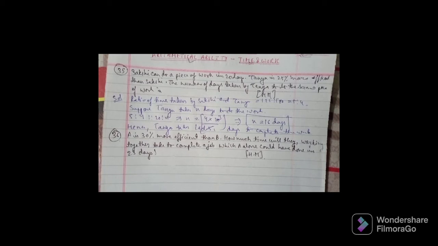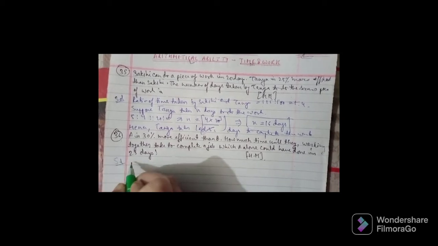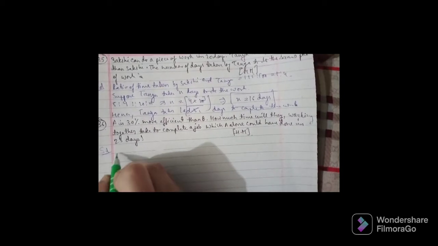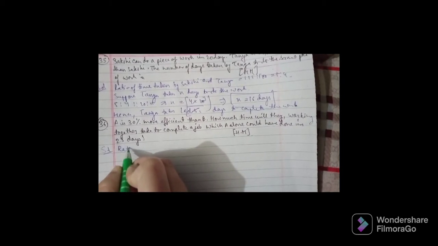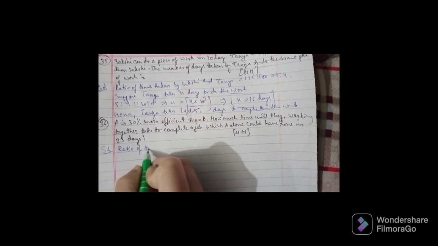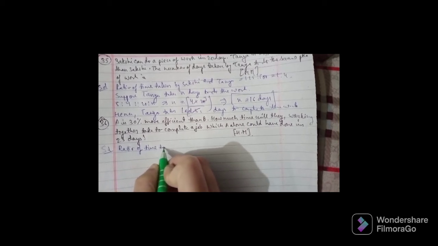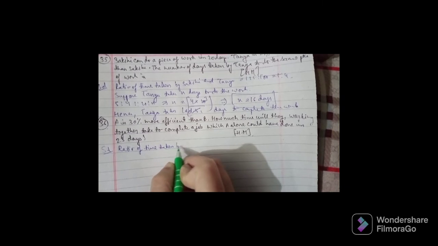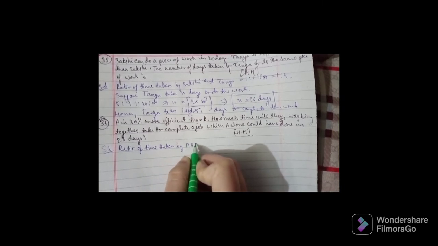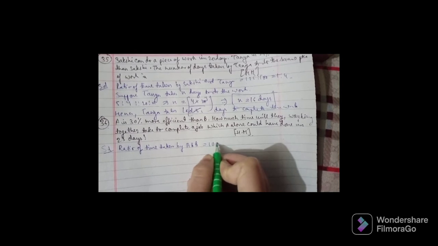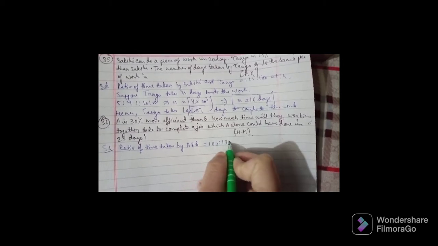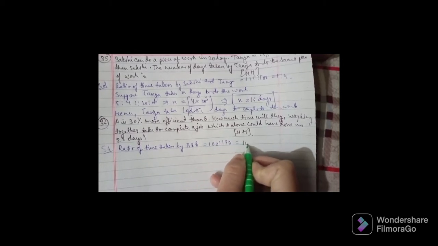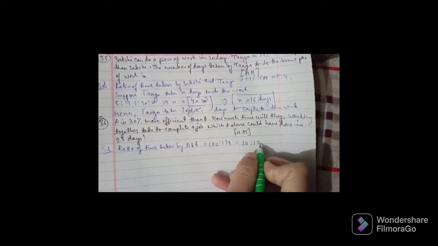Let's find it out. The ratio of times taken by A and B equals 100 ratio 130, which is 10 ratio 13.